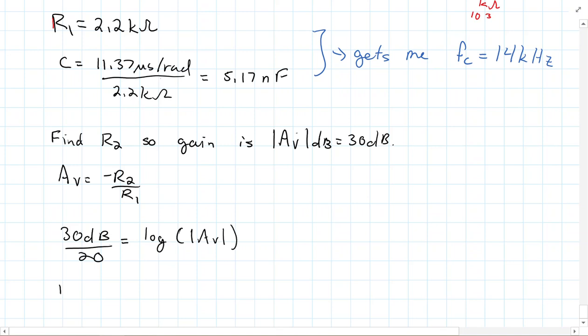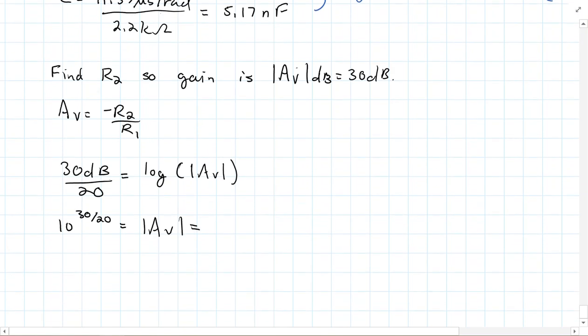And so then you'd have 10 to 30 over 20 is equal to the magnitude of AV, which would just be R2 over R1, because the magnitude of minus R2 over R1 is just R2 over R1.